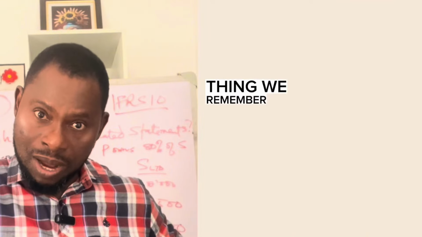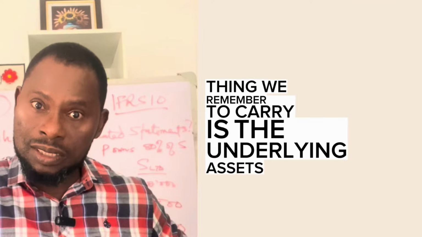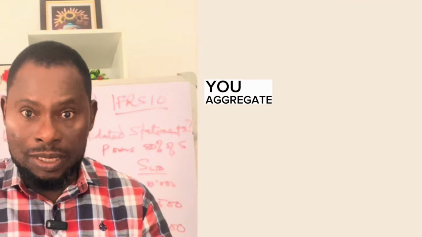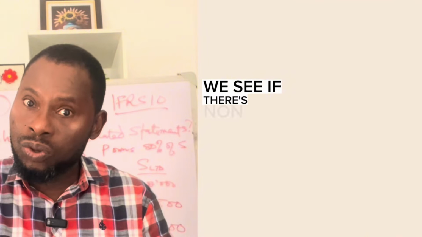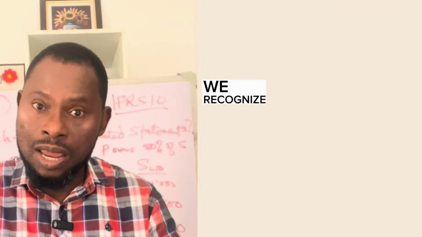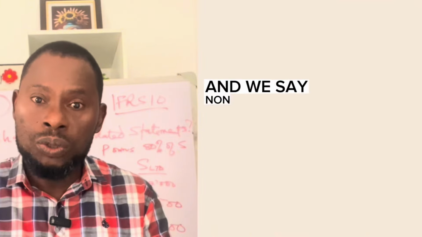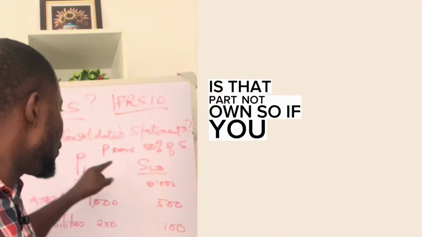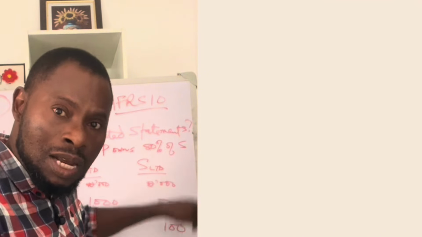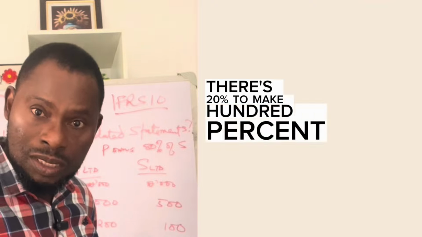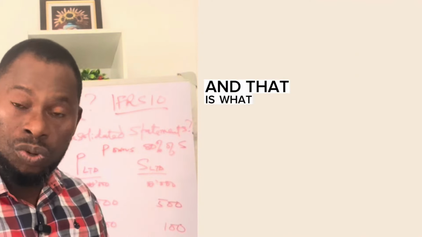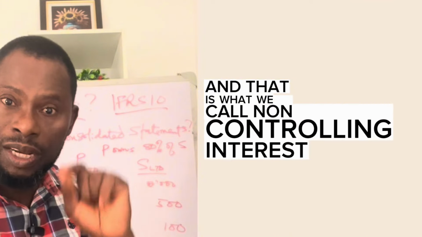The only thing we remember to carry is the underlying assets and the goodwill. Also, we said you aggregate the assets and the liabilities. And lastly, we say if there's non-controlling interest, we recognize non-controlling interest. And we say non-controlling interest is that part not owned. So if you buy 80% of S, there's 20% to make 100%. So that 20% belongs to some other outside parties. And that is what we call non-controlling interest, NCI.